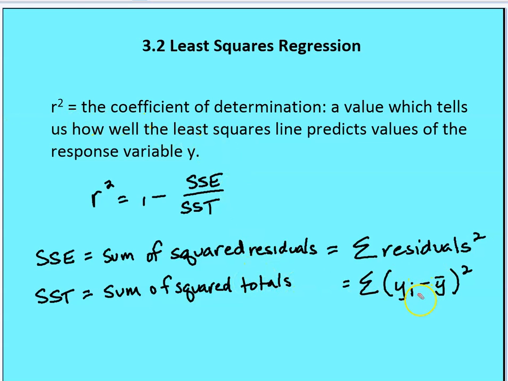And then in this case, we're going to use the actual value minus the mean value for the sum of the squared totals. All right, so that's just one way to understand how well the least squares line predicts the values of the response variable. And of course, the higher we get to 1, then the better that the least squares line predicts the response variable.